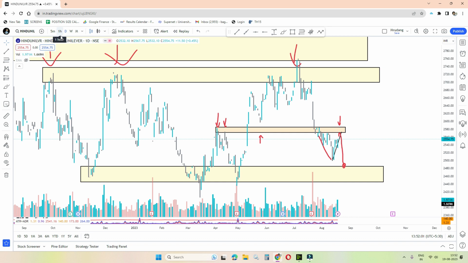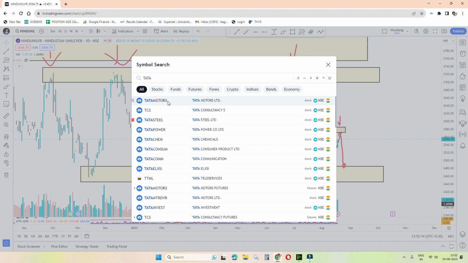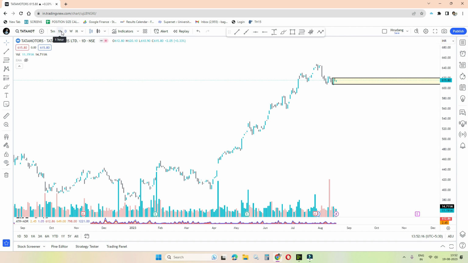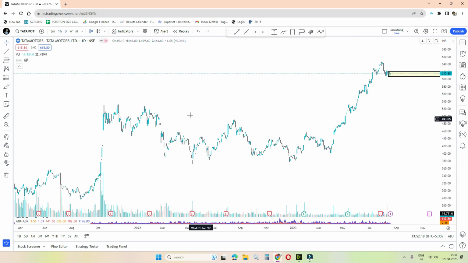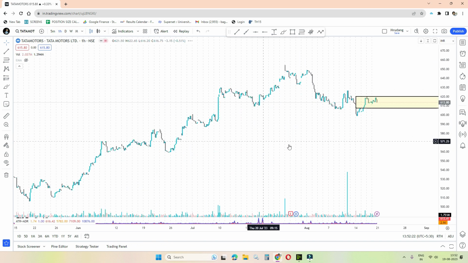Let's try to find some stock for intraday trading. We took the IT sector, consumer sector, Reliance, and let's try Tata Motors or Maruti. You can take anything. Okay, so in this stock, let's try to do for intraday trading.